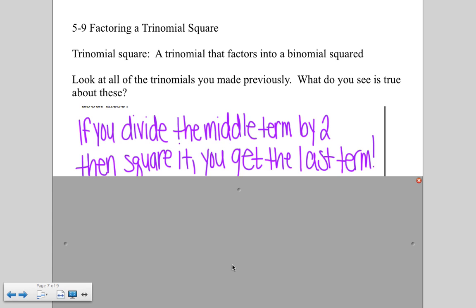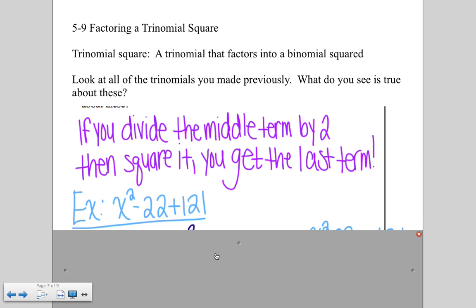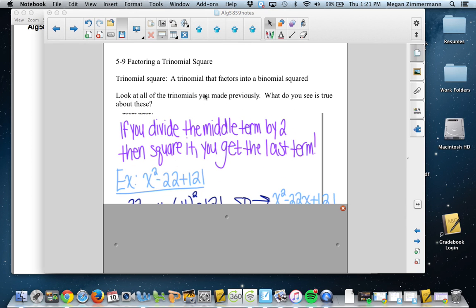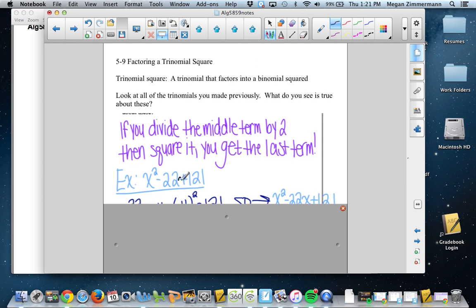Okay, so for example, if I had x squared minus 22, oh, look, I forgot the x there. This should be minus 22x. So x squared minus 22x plus 121. Let's just double check that that pattern works.